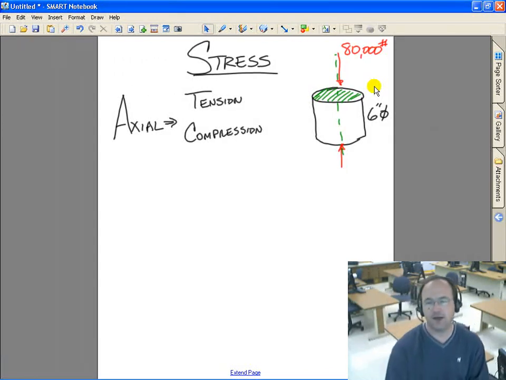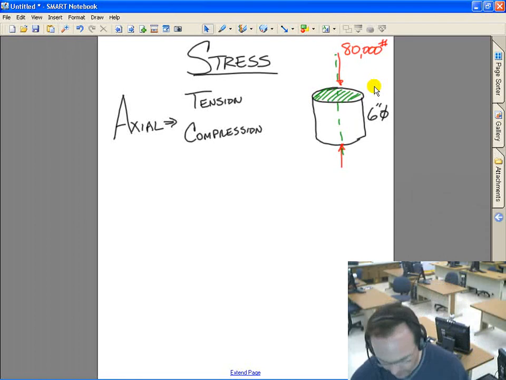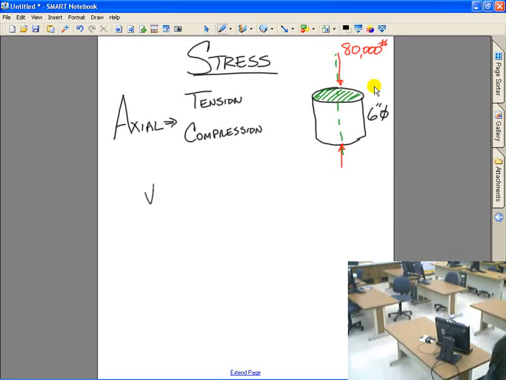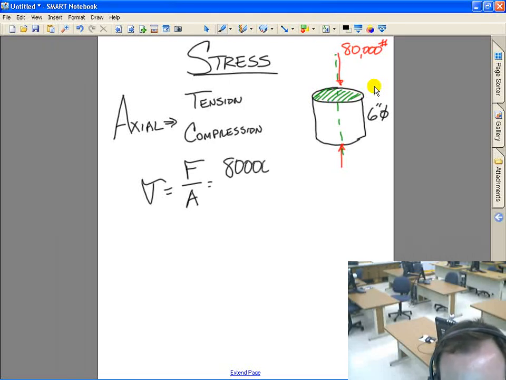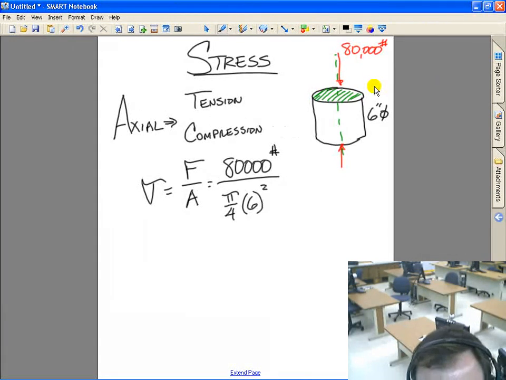So I put 80,000 pounds on a 6-inch diameter. What's its stress? Well, we know that stress is equal to force over area. My force is 80,000 pounds. My area, pi over 4 times 6 squared.